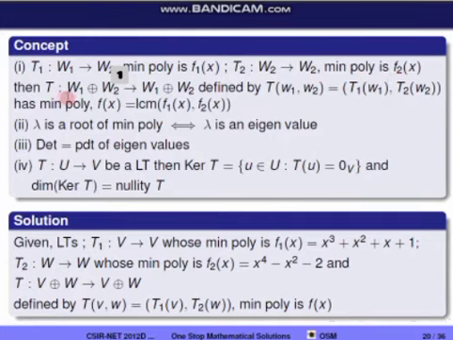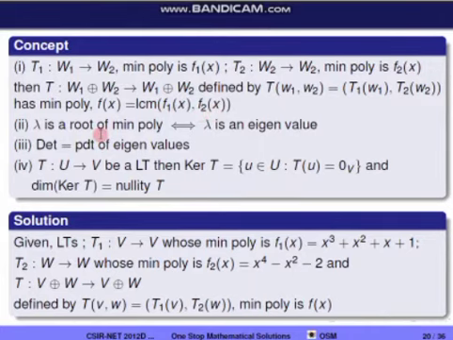Then T from W1 plus W2 to W1 plus W2 defined by T of (w1, w2) equal to (T1 of w1, T2 of w2) has minimal polynomial f of x equal to LCM of the minimal polynomial of T1 and the minimal polynomial of T2, that is equal to LCM of f1 of x, f2 of x.